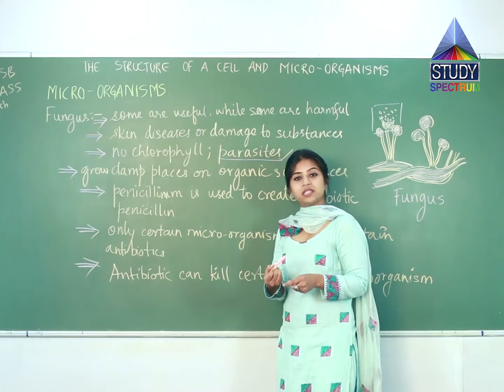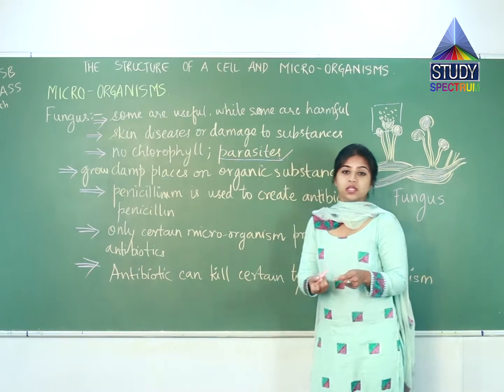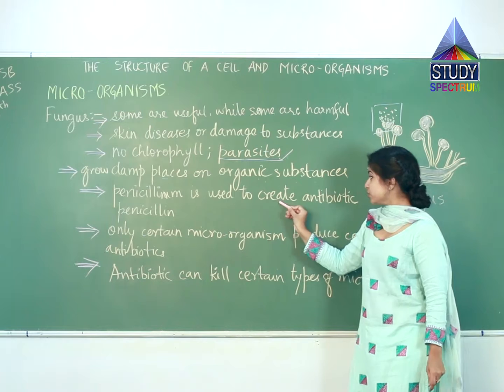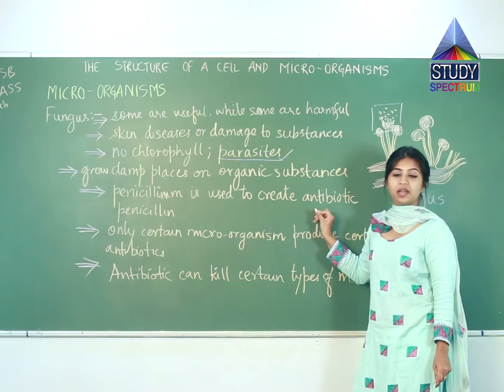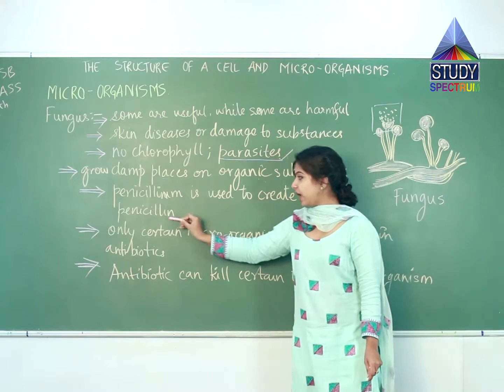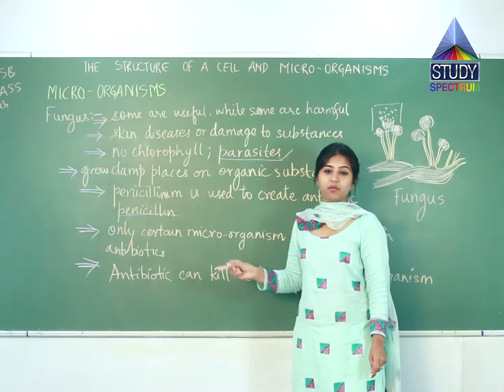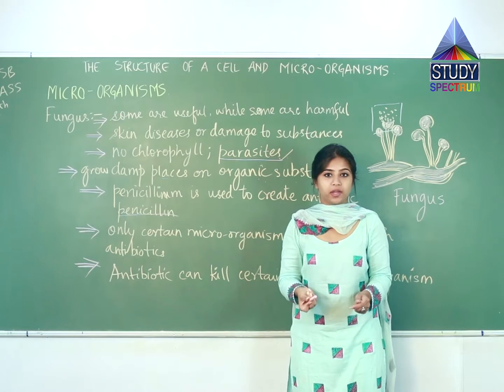There are certain funguses that are helpful also. There is one fungus named Penicillium, which is used to create an antibiotic known as penicillin. This discovery was made by Alexander Fleming.